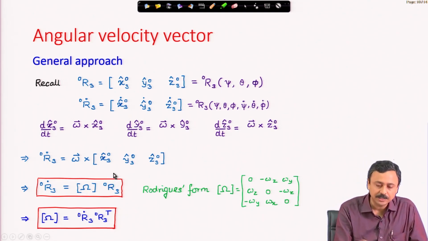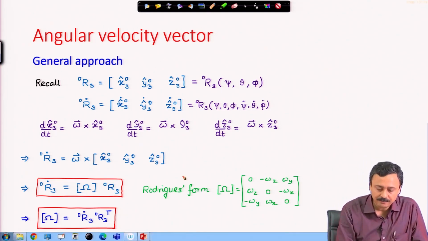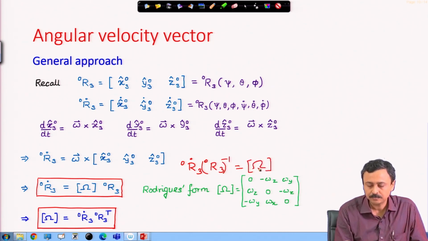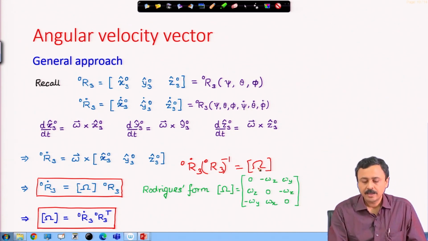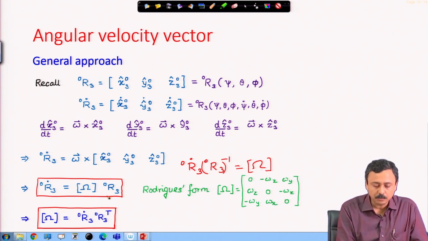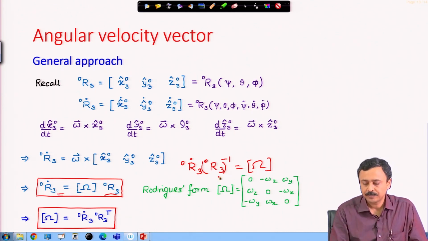Why? Because I have inverted this, and written it in this form. Remember, this is very important to note, the order: if it is post multiplied, it must be post multiplied when it is inverted.